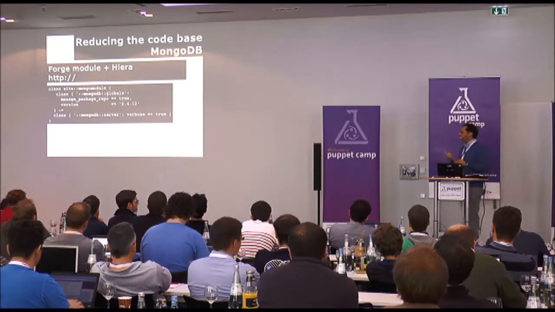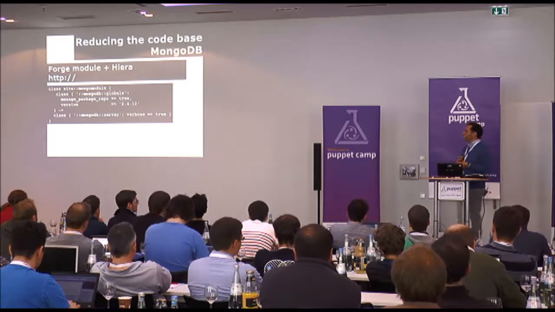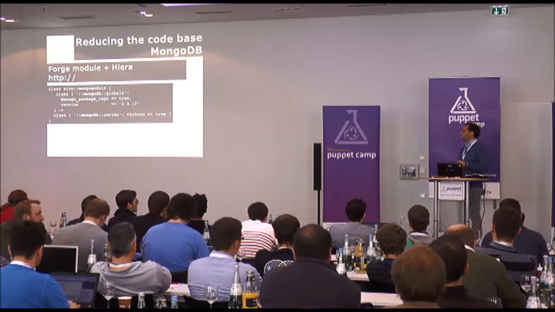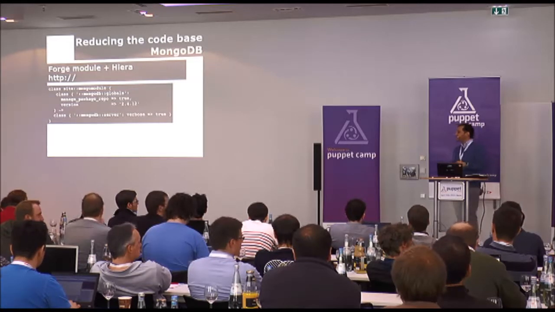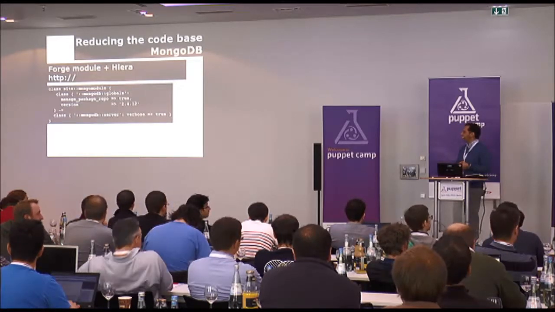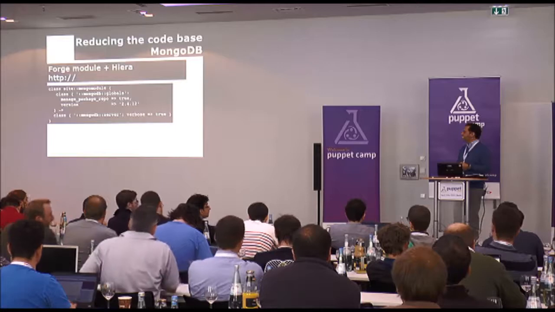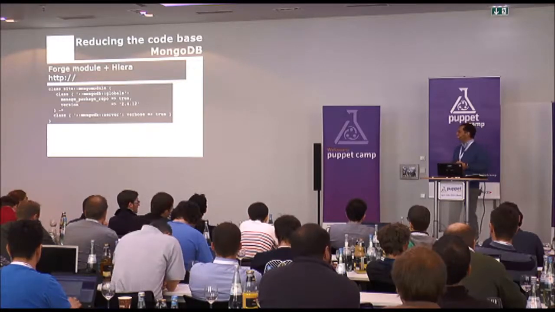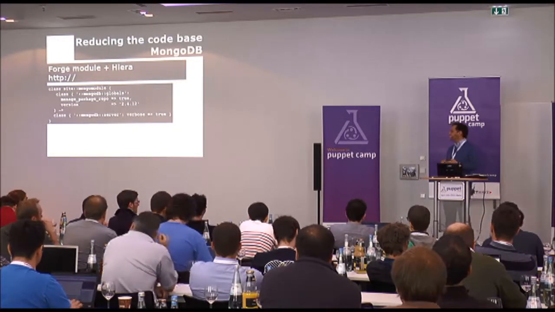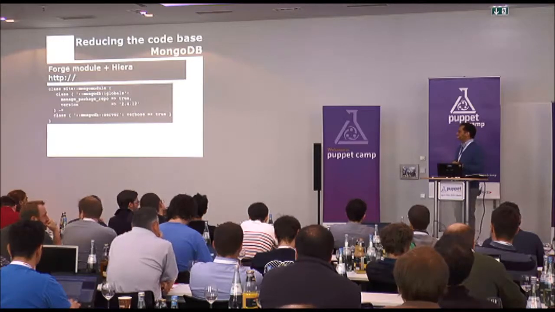So I wanted to show you this example to show how important it is to reuse the code. And currently, I think the Forge is a very interesting tool for that, where we can find other people's shared code that have gone through the same problems.